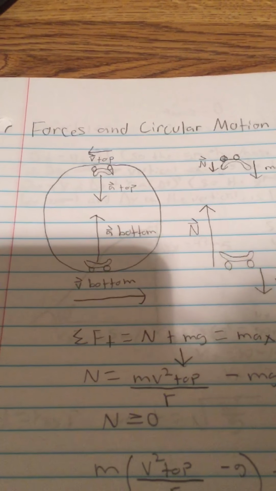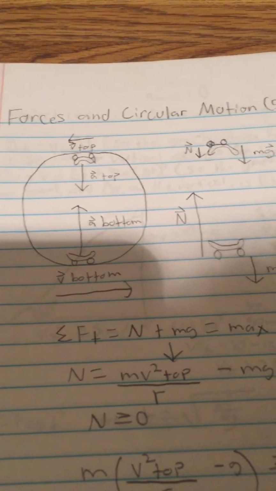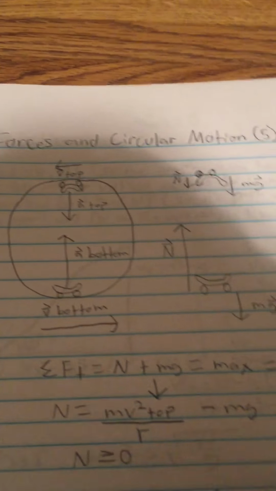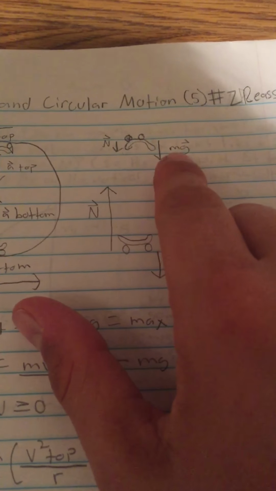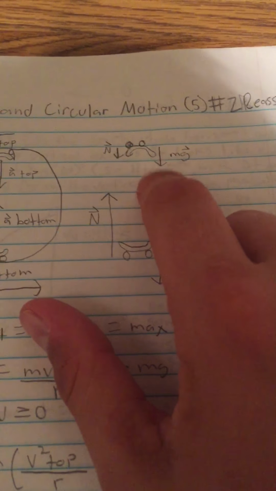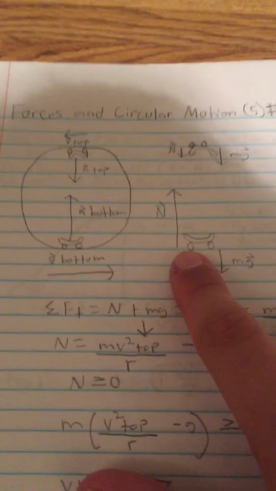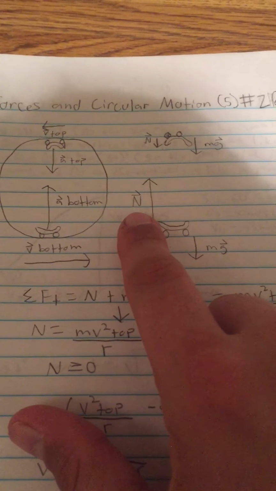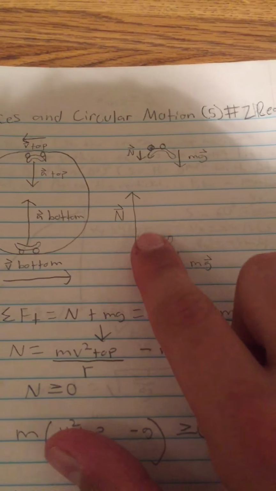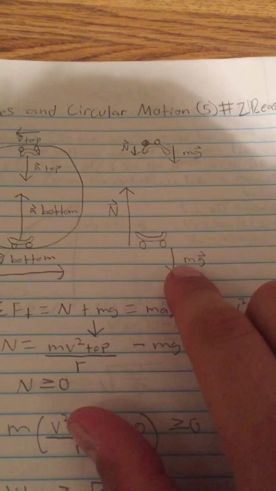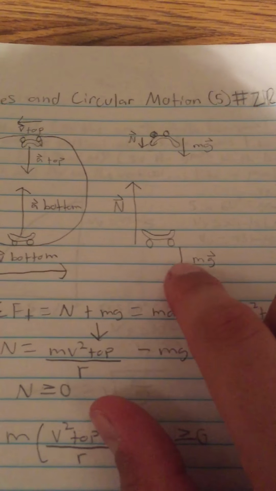So I made a free body diagram of this, and it shows that at the top of the loop the normal force and the mg both point down, and at the bottom, the normal force is pointing up and the mass times gravity, the mg, is pointing down.